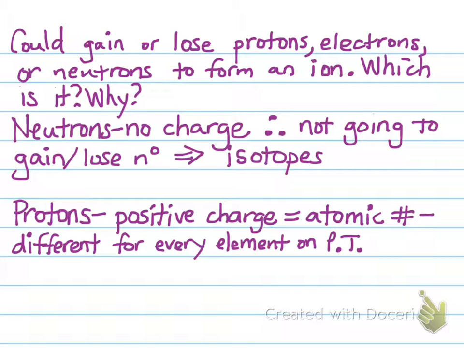So we could change the number of protons. The problem with that is if I have 5 protons, I'm boron. And if an element has 6 protons, it's carbon. It's not the same element. So this is not going to work.